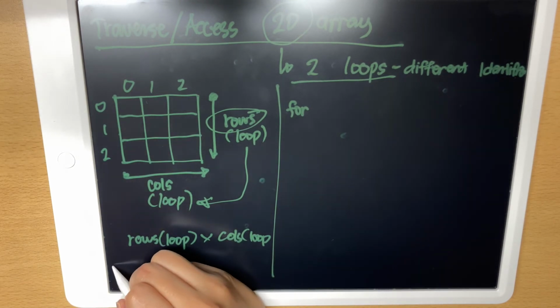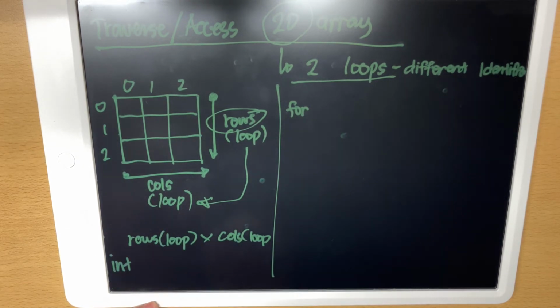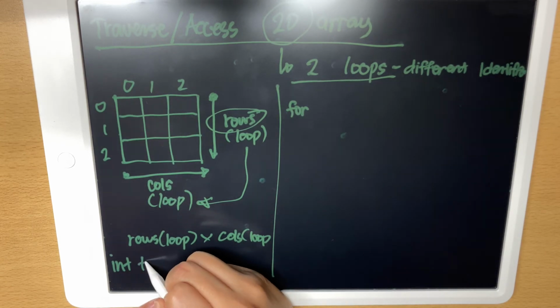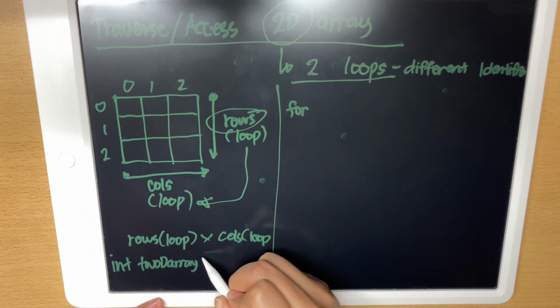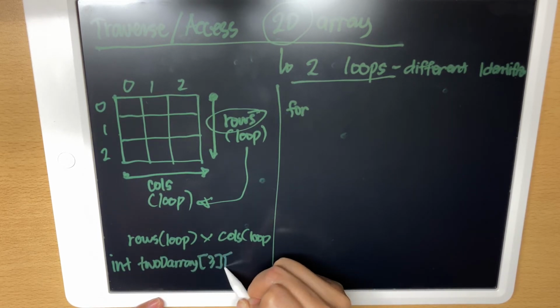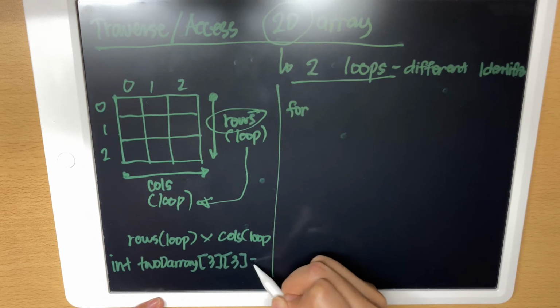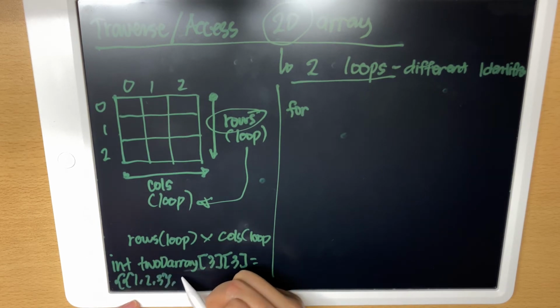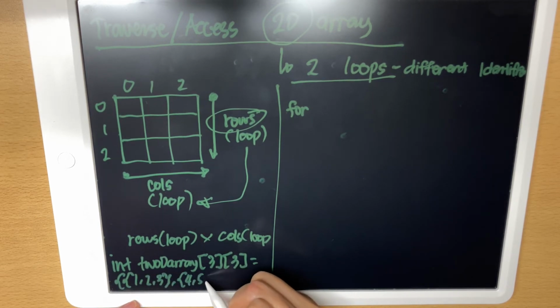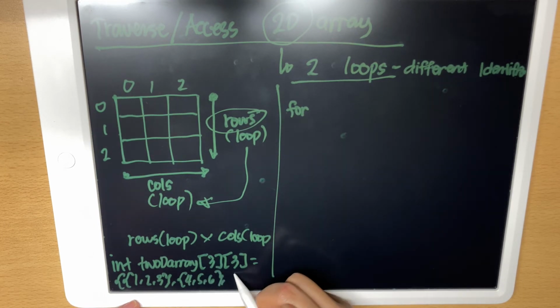So let's say you declare an integer of arrays, 2D arrays of size 3 by 3, which has the following values. So the first row, 1, 2, 3, and we have 4, 5, 6, and we have 7, 8, and 9.